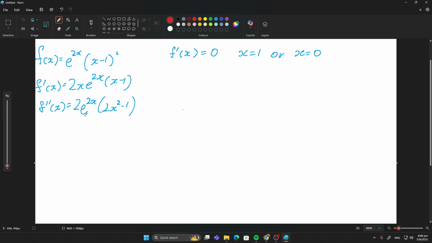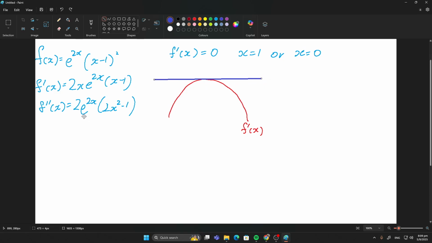Then let's say, for example, this is our f prime. When f prime, the gradient equals 0, you get the maximum or minimum point.